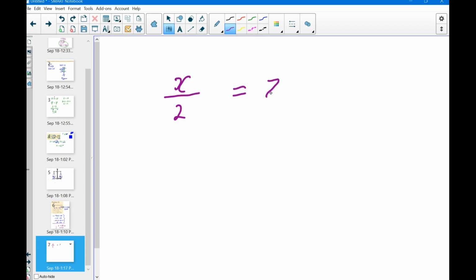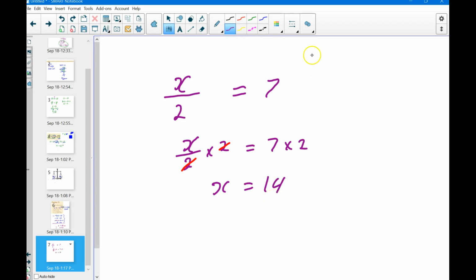If I have x divided by 2 equal to 7, well, the opposite operation of division is multiplication. If you want to see it the long way first, I can go x over 2 multiplied by 2, do that on both sides, 7 multiplied by 2, these two 2's go away, and I'm left with my x value equal to 14.